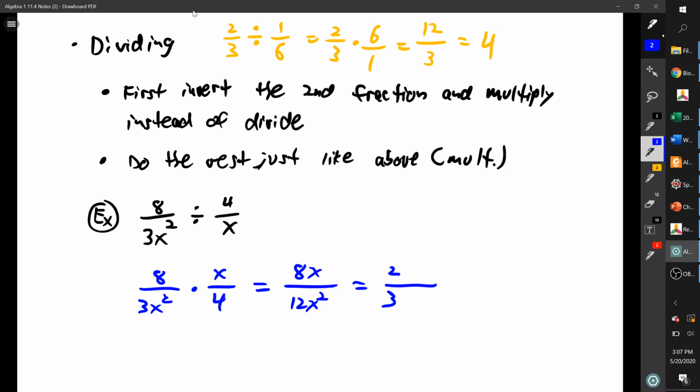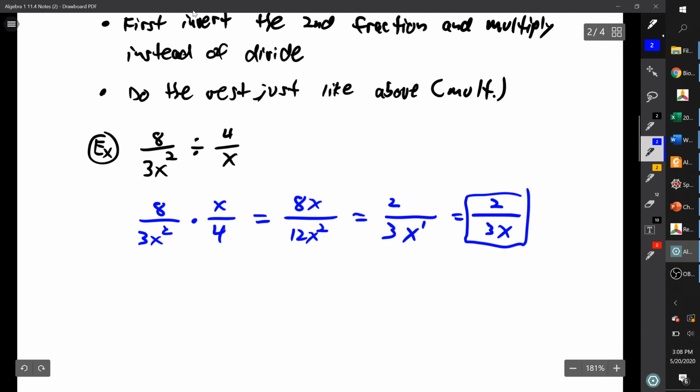And then the x over x squared, where's the power bigger? In the bottom, by how much? By 1. So I put an x to the first, and I write this a little bit more cleanly as 2 over 3x.